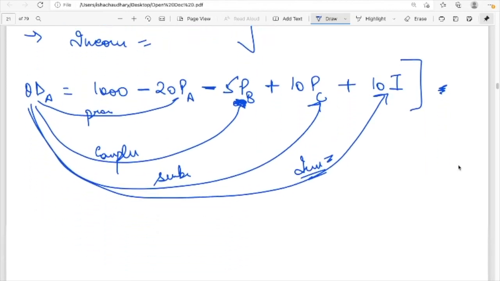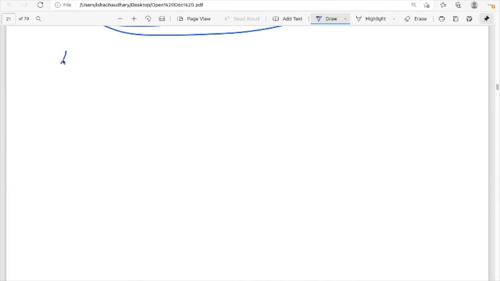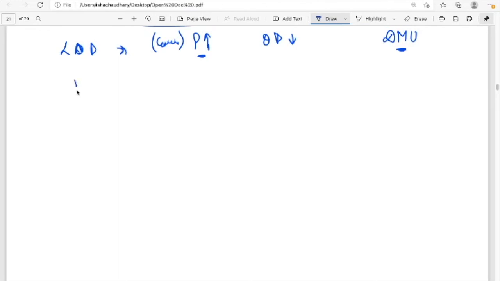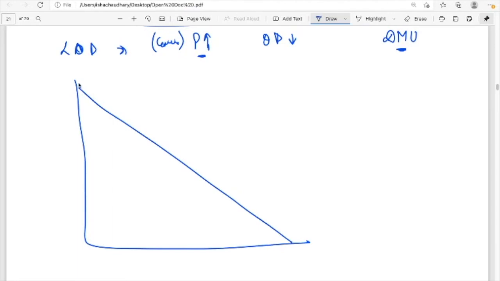The reason why the law of demand holds good is this. The law of demand says that with an increase in price, the quantity demanded for your product will fall. It is so because of the concept of diminishing marginal utility. Let's say this is my demand curve, 50 rupees is the maximum price you can get, and 1000 is the maximum quantity anybody could demand.